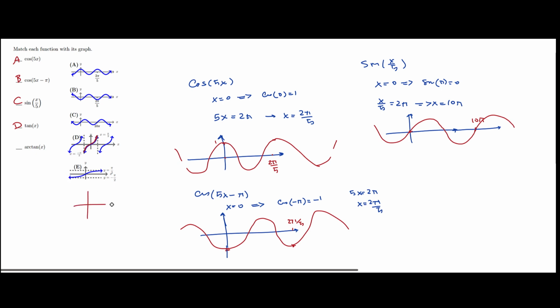You take the main branch of tan, and then you reflect that over y equal to x, and everything goes the other way around like that. And so E is the answer for arctan.